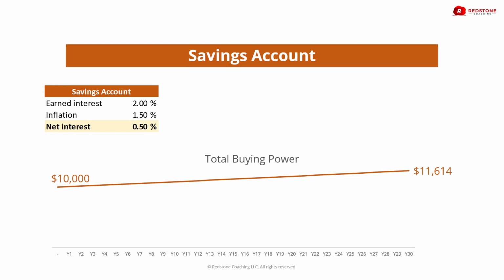So if it's 0.5%, well then over 30 years, your $10,000 will grow to a buying power of $11,614. Is that substantial? No. And that's why it's a savings account, not an investment account, because the purpose of a savings account is not to grow your money substantially. It's to beat inflation. It's to not lose money to inflation. That's the biggest point of this.